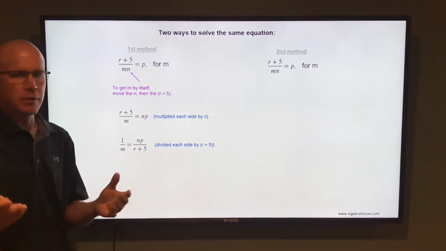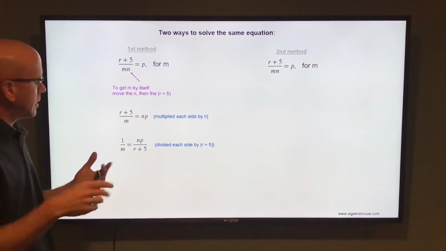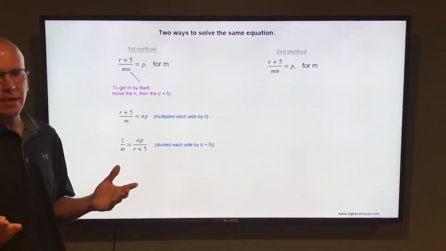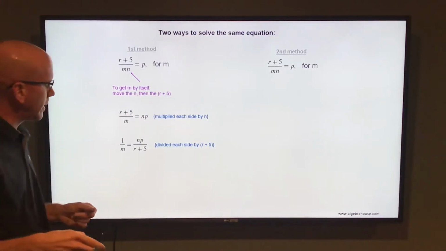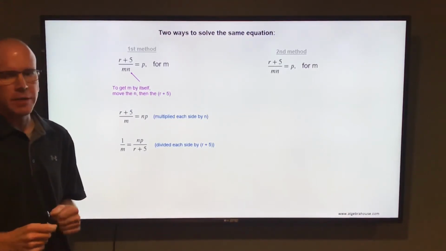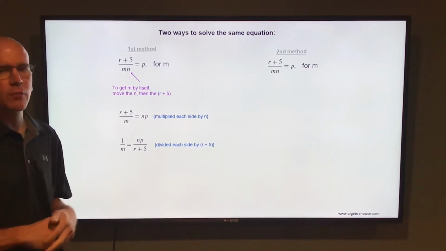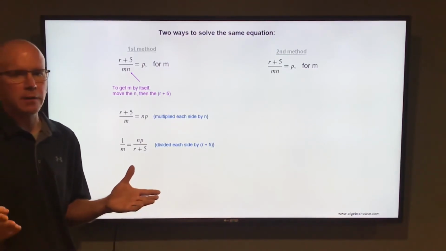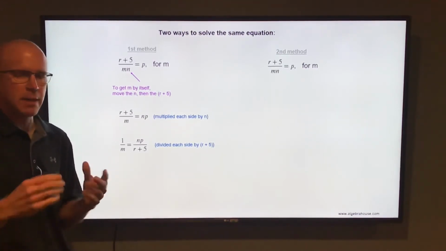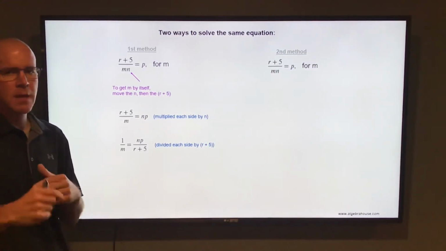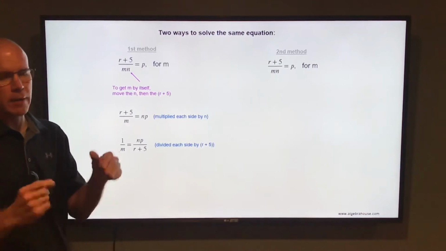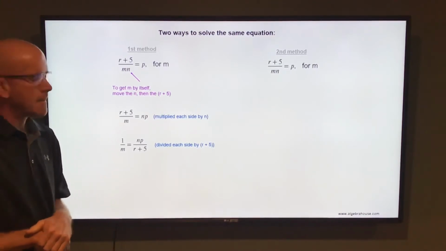Now there is a button on your calculator. It may be symbolized as x to the negative 1 button or 1 over x button, depending on which calculator you have. What that button does on your calculator is it flips a number over. For example, if you type 2 into your calculator and hit that 1 over x or that x to the negative 1, that will flip that 2 over and it'll show up as 0.5.